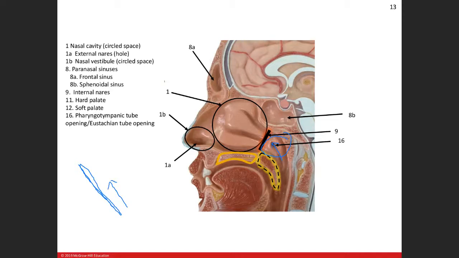In younger people, that tube is more horizontal. Is it easier to walk up a hill or along flat ground? Flat ground. So it's easier for the bacteria to move along that flat tube instead of going up. I can't say that's the only reason, but that's one of the reasons why younger people, especially babies, are more prone to inner ear infections.